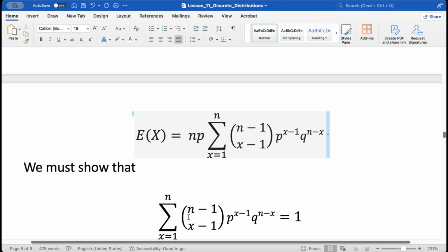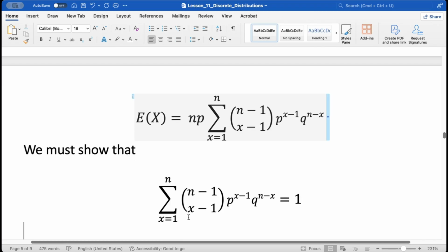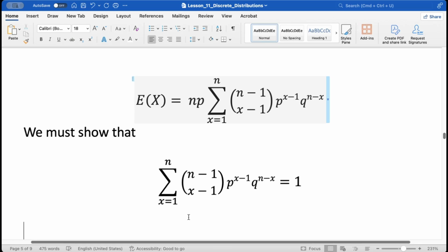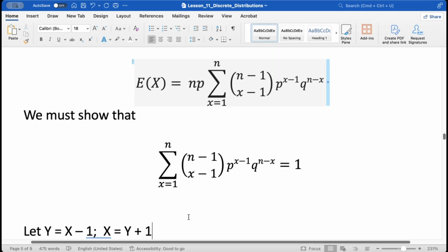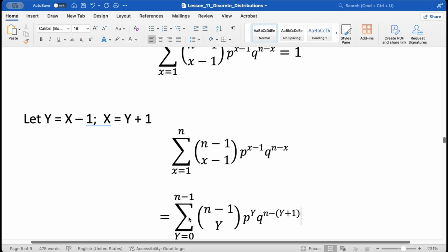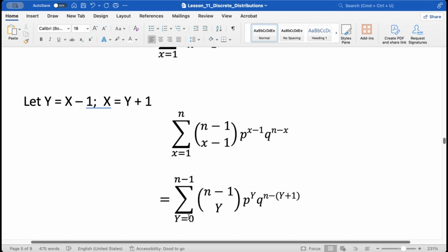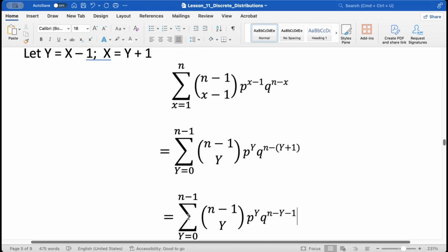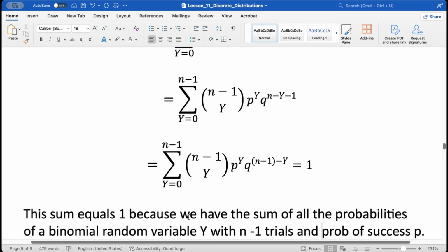I'm just going to briefly summarize here. The reason this sum is 1 is because it's the sum of all the possibilities of the probability mass function, which has to be 100% or one whole. So we make a little bit of a technical shift here, calling y equal x minus 1. X would be y plus 1, and substituting that in, you can view this as a binomial PMF.